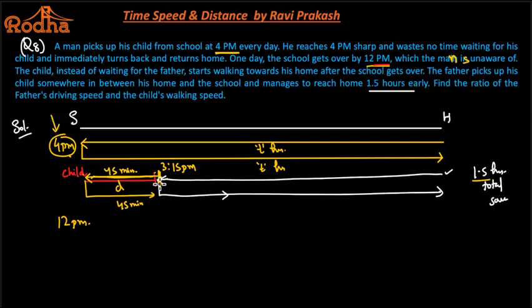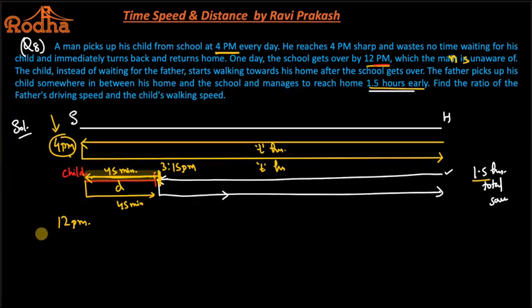The point where he picked up his child, because he has saved 45 minutes, because 1.5 hours of to and fro journey is saved. This is the to and fro journey, right? That means if 1.5 hours is saved in to and fro like this, 45 minutes is saved here.